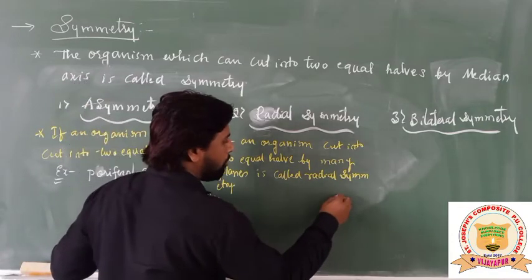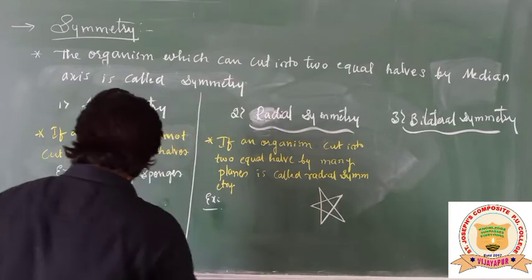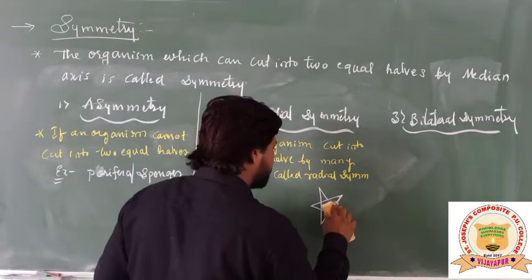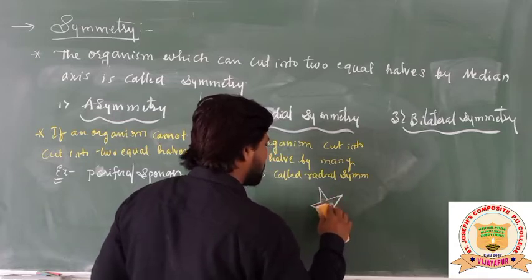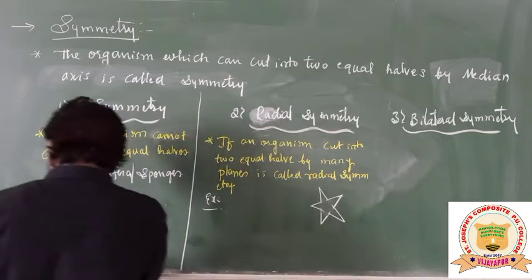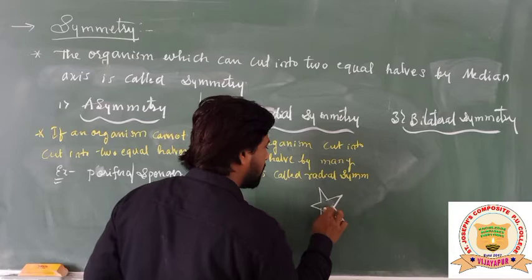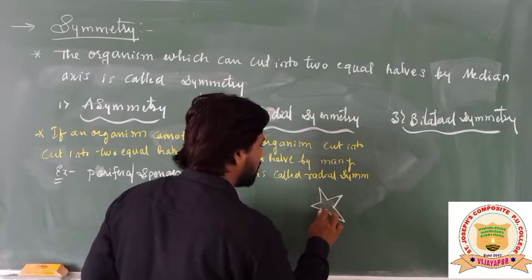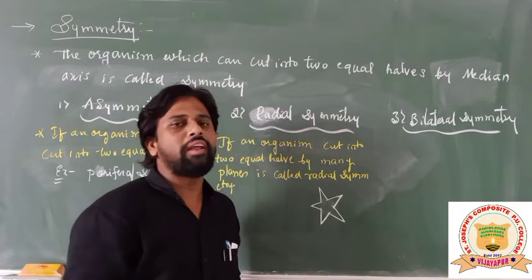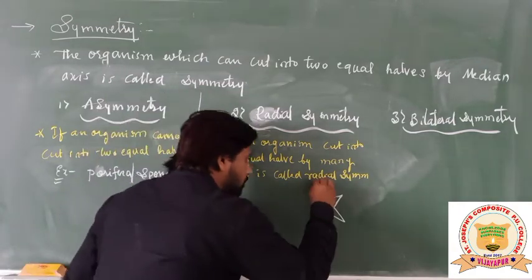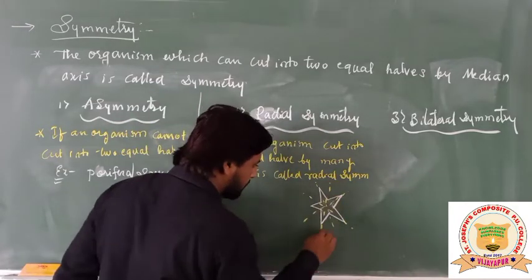Just I will take the example of starfish. I think you all have seen the starfish, students. So now this starfish, from the median axis, through how many planes can you cut this? You can cut this way, one, this another way, this another way, and this another.